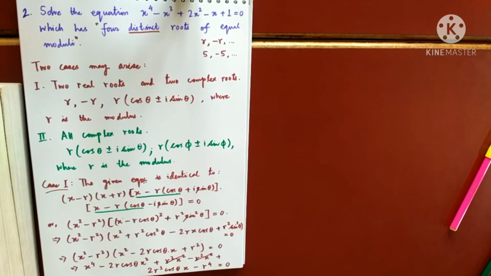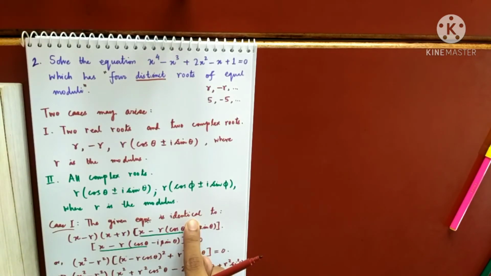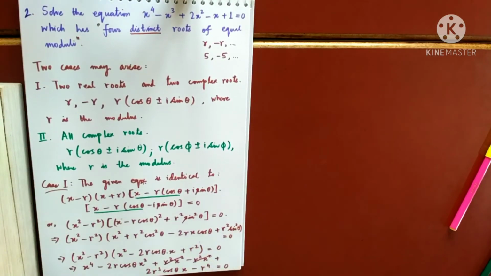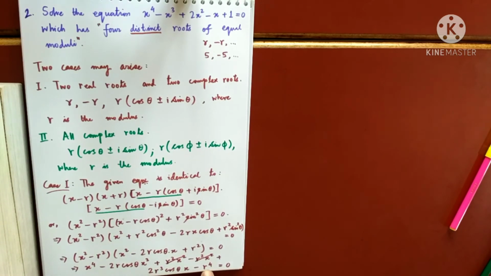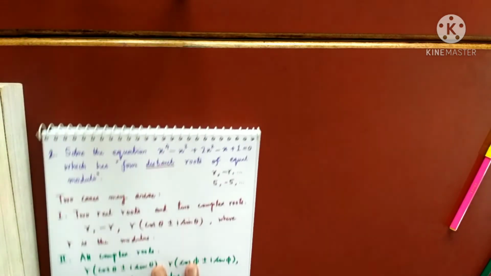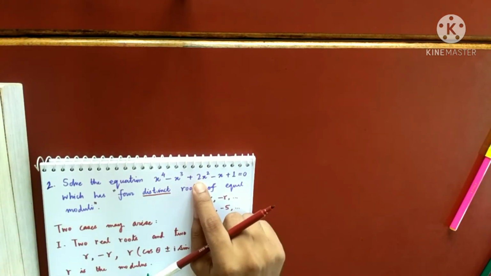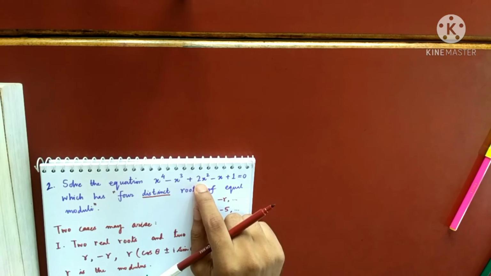Let me write what I have. My claim is this cannot happen. Why? Because the equation that I am getting must be identical to the given equation, right? But look at this equation: it does not have a term containing x square. But look at our original equation. This actually had a term containing x square.